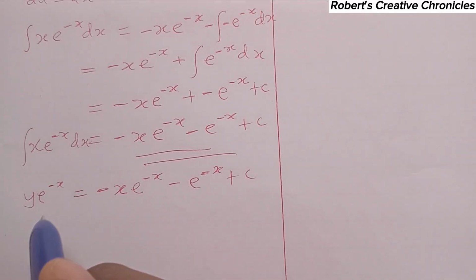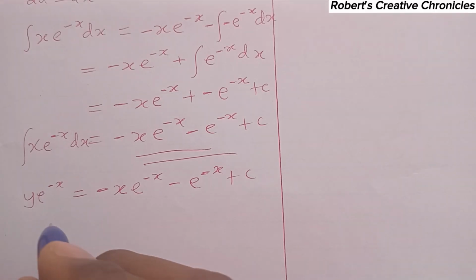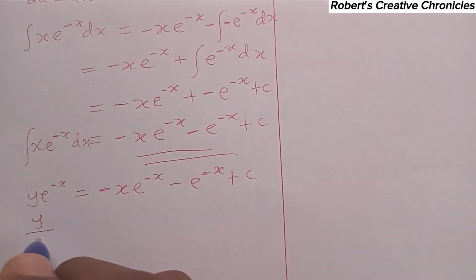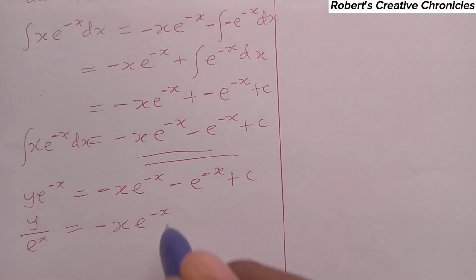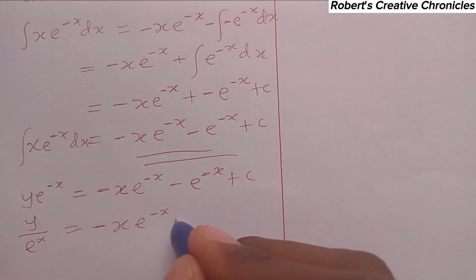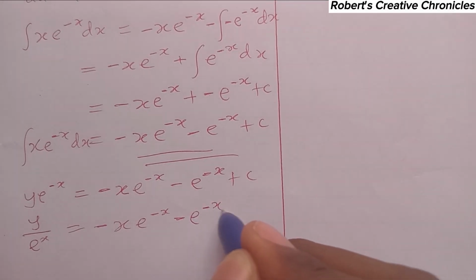So now here is this e^(-x). You can write it in this form: 1 over e^x equals minus x e^(-x) minus e^(-x) plus c.